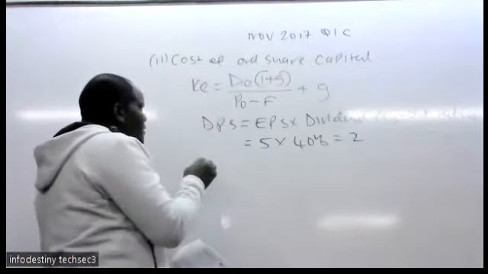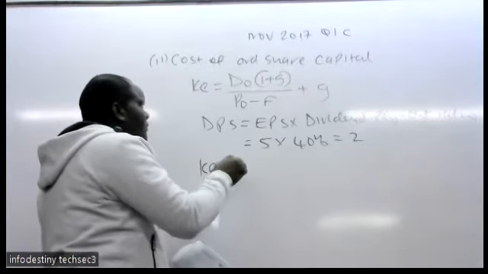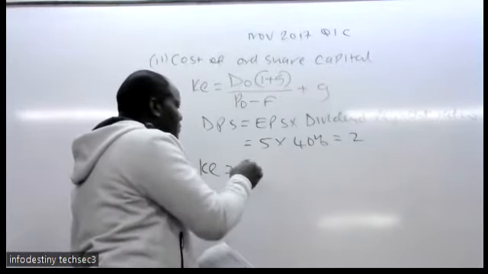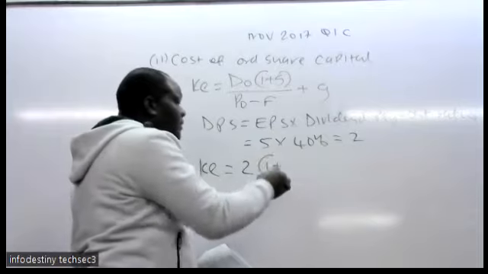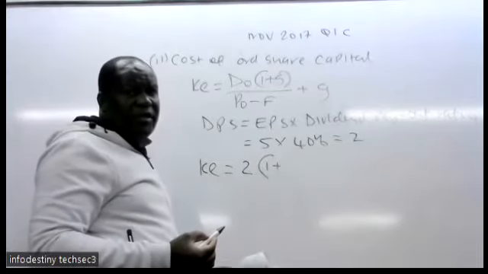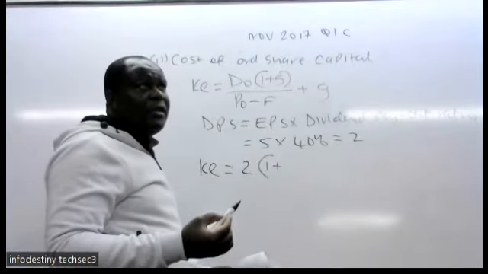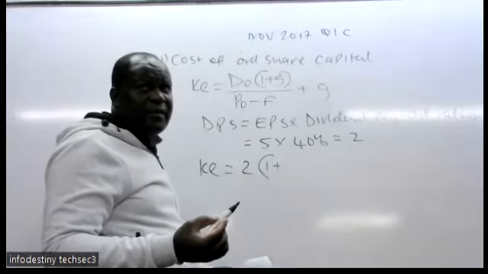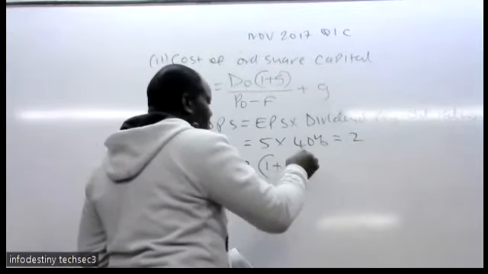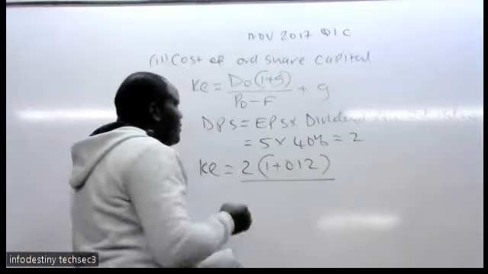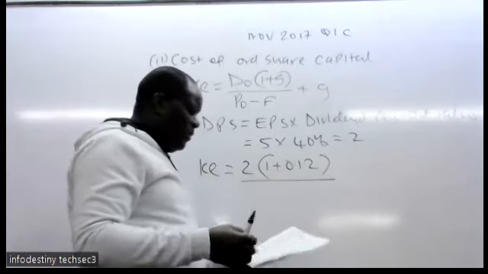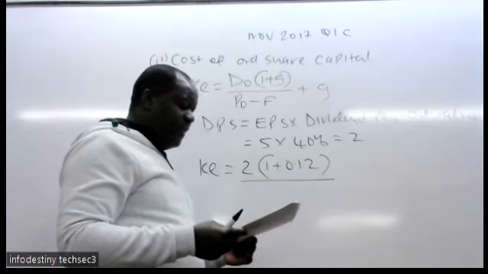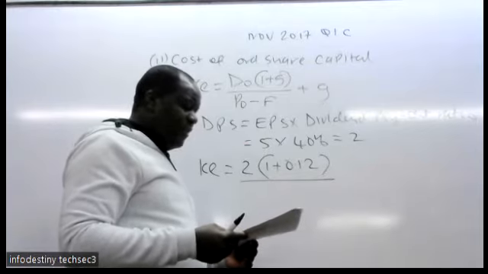Then now we get our KE, the cost of the ordinary share. So it will be 2, times 1 plus G. G is the constant growth rate we calculated, which is 12%, the same as 0.12. We also divide by P0. P0 is the current market price in note number 3.